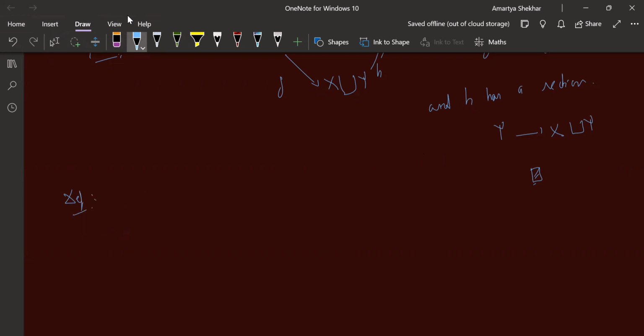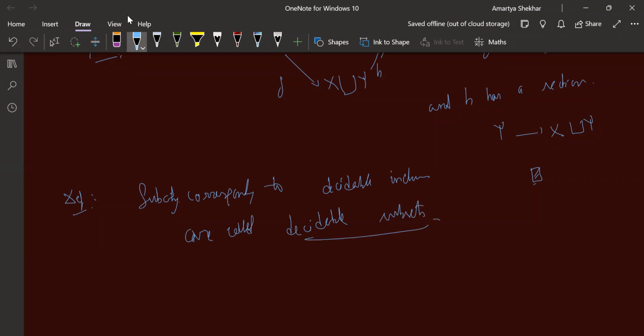Sub-objects corresponding to desirable inclusions, which are monomorphisms, Gambino, Sattler, and Shumilo call them desirable subsets.